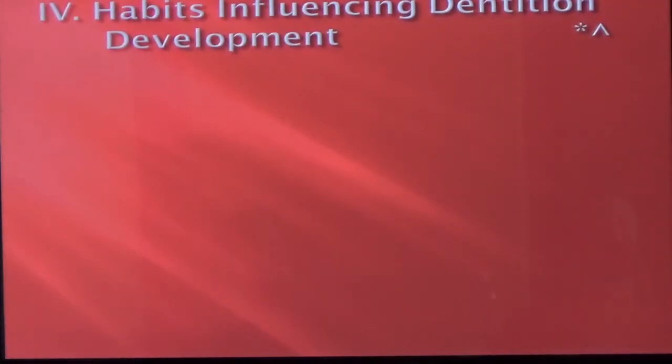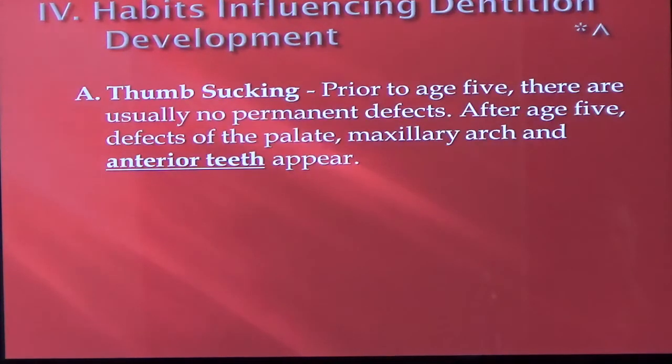So what are habits that influence the development of teeth? Again, thumb sucking is the big one. Prior to age 5, there's usually no permanent defects, depending on who you read. But usually younger kids, age 1, 2, 3, it's just kind of a comforting method that they use to go to sleep or whatever.